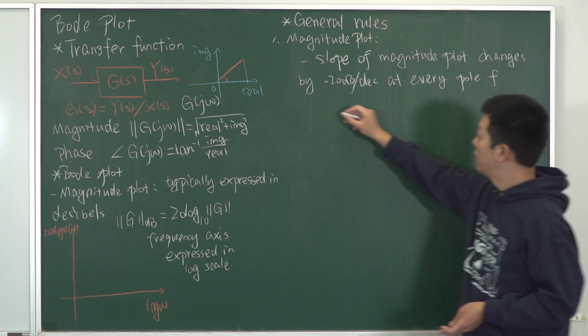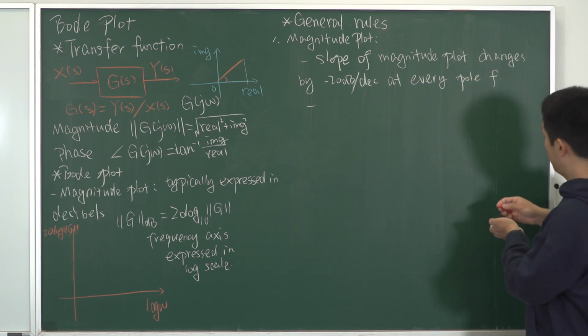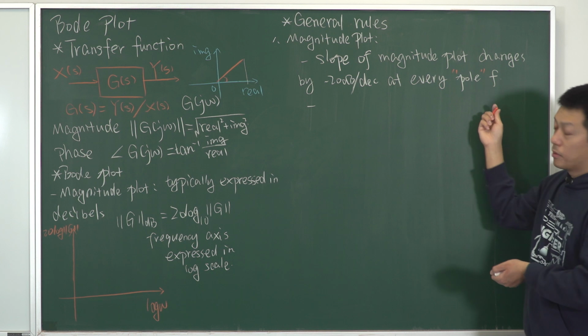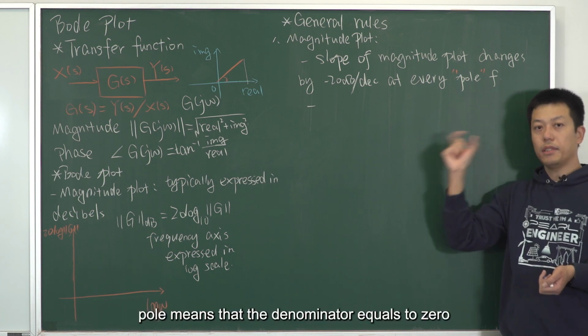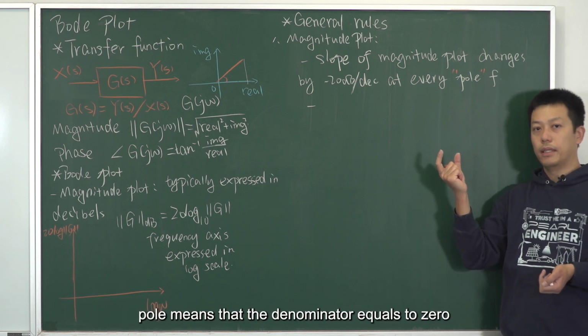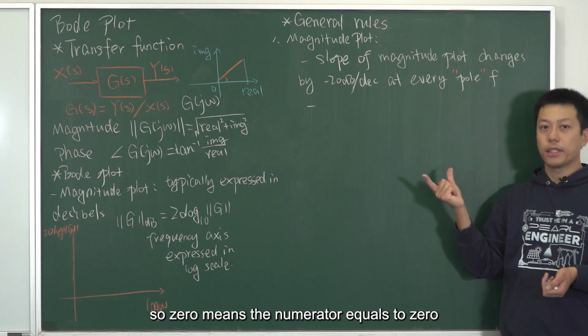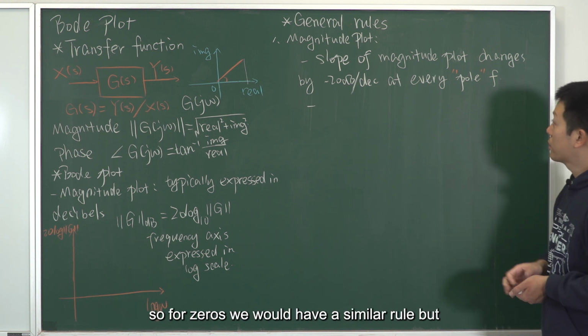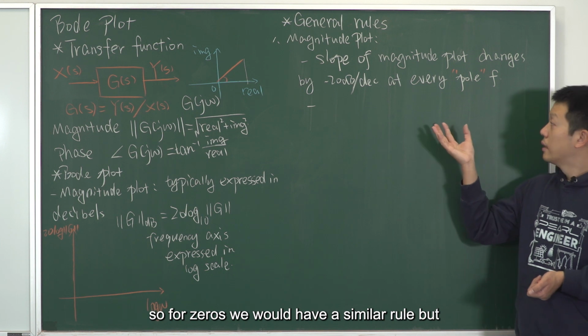And for zeros, where a pole means the denominator equals 0, a zero means the numerator equals 0. For zeros, we have a similar rule but with a different sign.